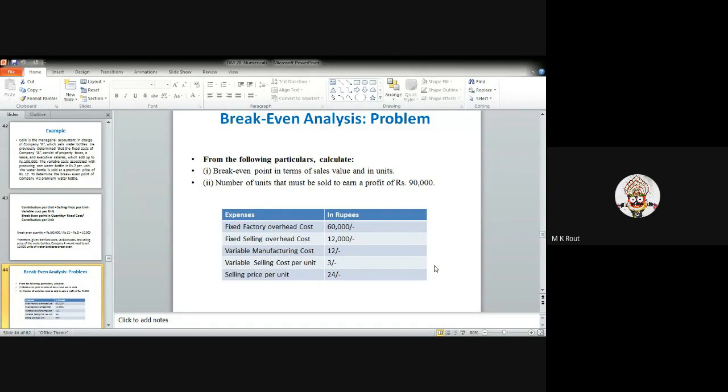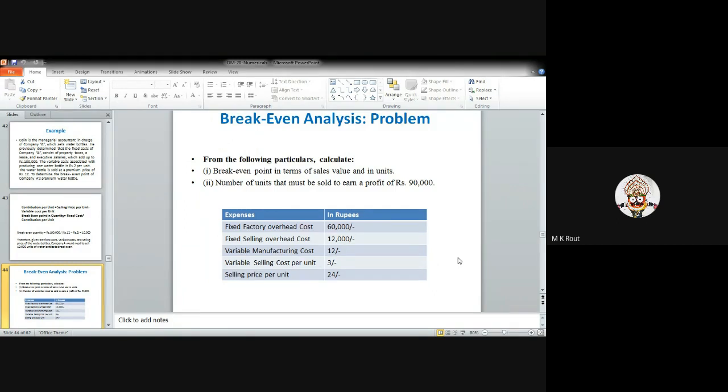From the following particulars, I repeat, from the following particulars, calculate the break-even point in terms of sales value and in units.